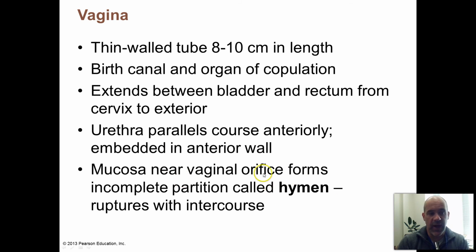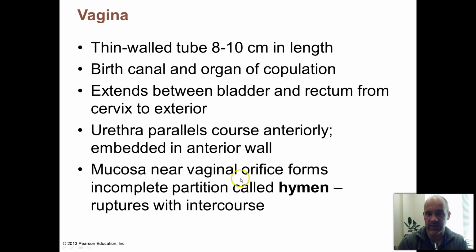There is a structure called the hymen, which you've likely heard about before. That is part of the mucosal lining of the vagina that branches off the sides and actually forms an almost complete covering just beyond the vaginal orifice.